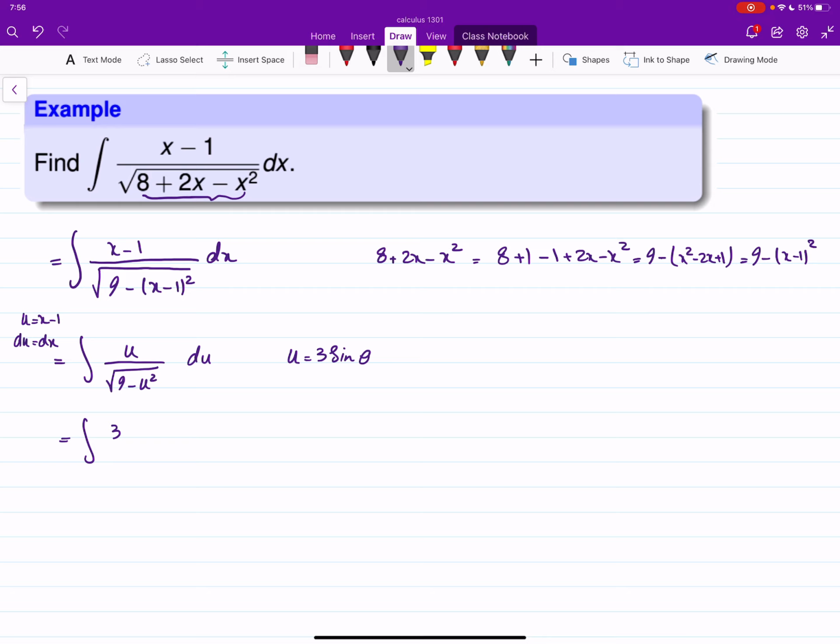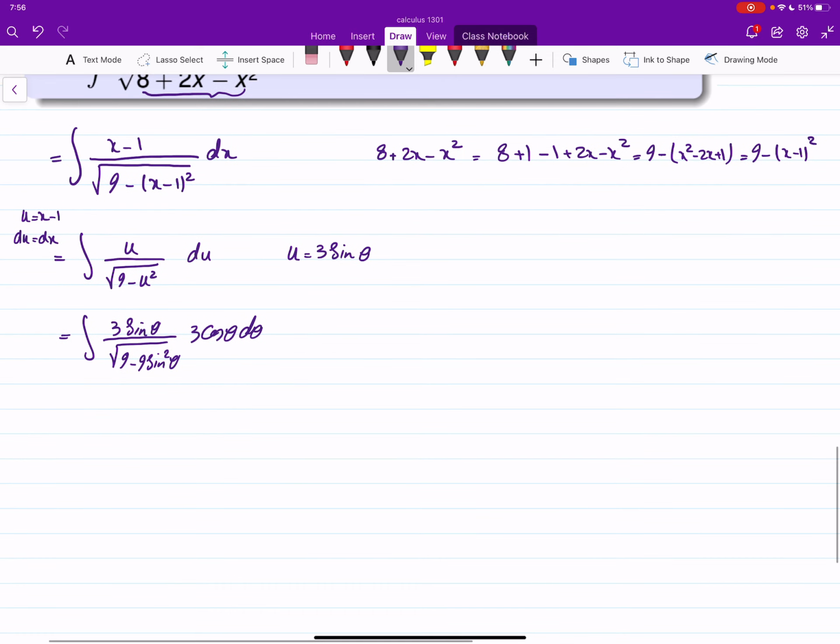So 3 sine theta over root of 9 minus 9 sine squared theta, then 3 cosine theta d theta there. In the denominator we'll get 3 cosine theta.